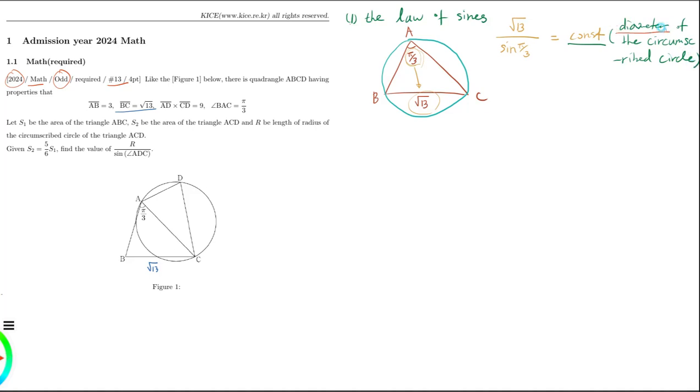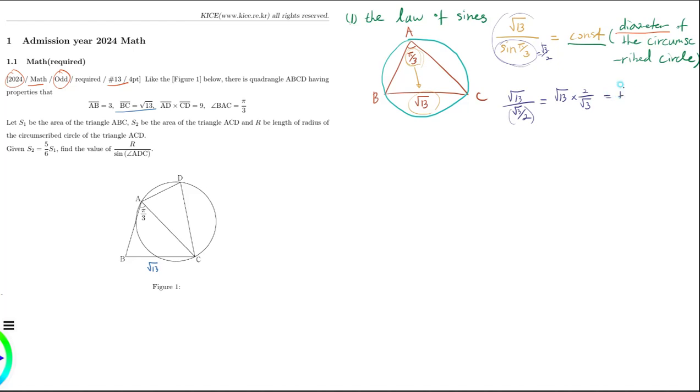This is always the diameter. So if we compute this value, since sine of pi over 3 is square root of 3 over 2, square root of 13 over sine of pi over 3 is square root of 13 times 2 over square root of 3.